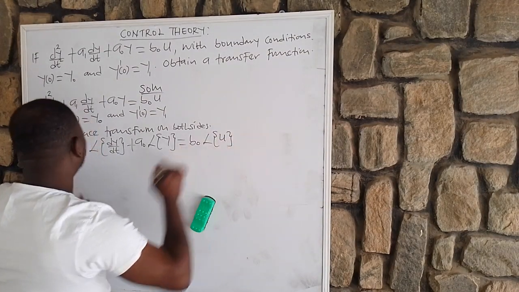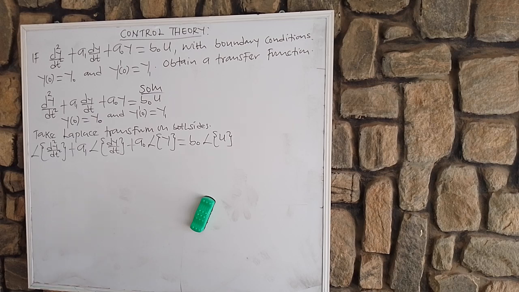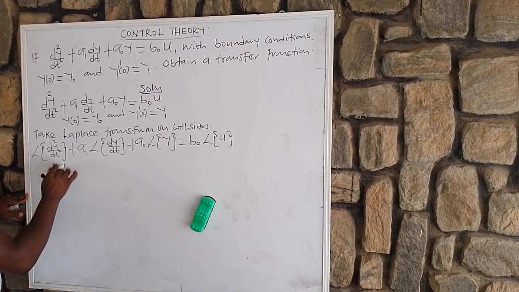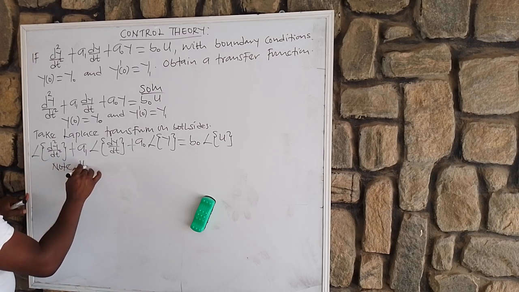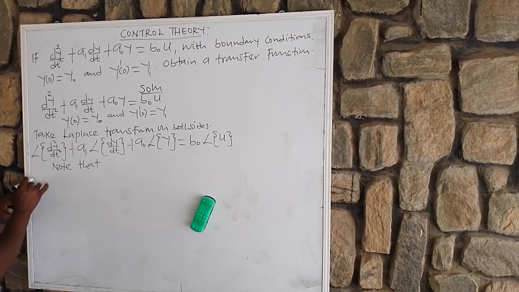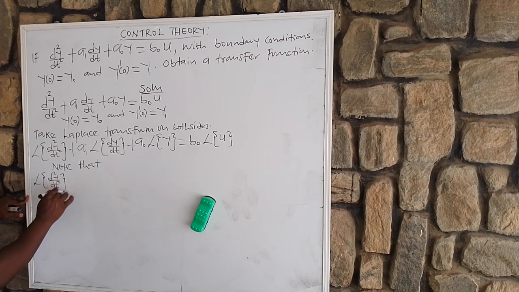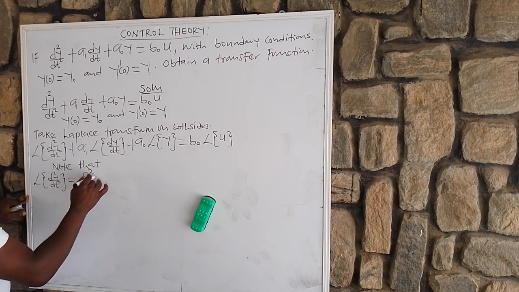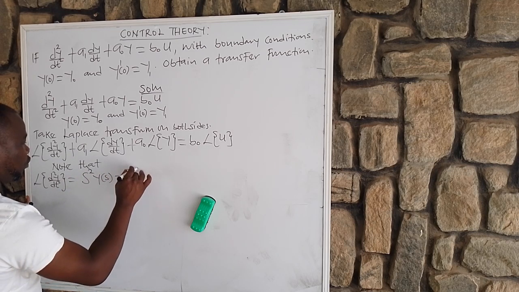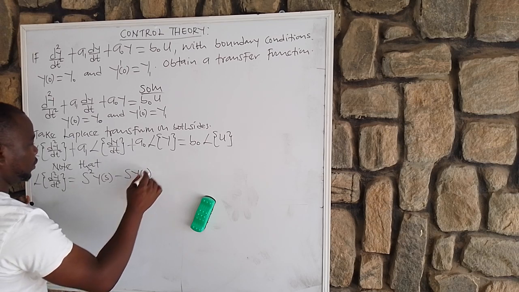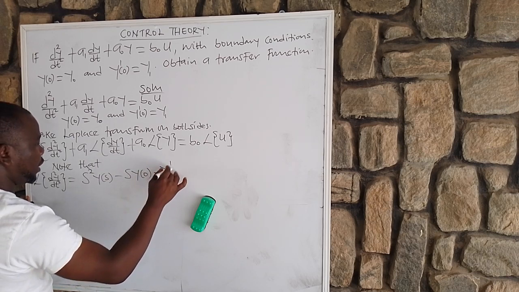Let us note that this is a second order derivative. Note that Laplace of d squared y over dt squared equals s squared Y of s minus sy of 0 minus y prime of 0.